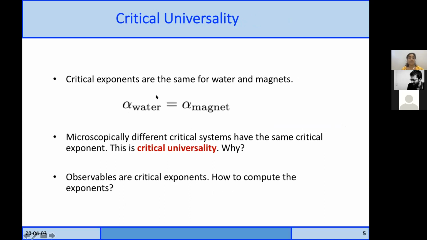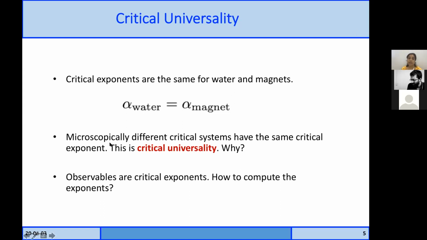Now, the critical exponents for specific heat are the same for water and the magnetic system. These are completely different systems made of completely different molecules. In one case, we have a bunch of water molecules, and in the other case, we have a bunch of spins pointing either up or down, although they have the same critical exponent.